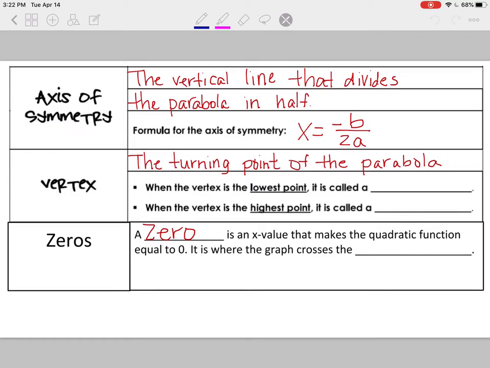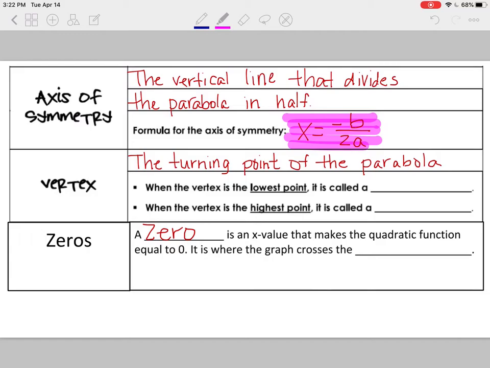Then we have something called the axis of symmetry. When you look at a parabola or do the math, you'll be able to find an equation that would cut a parabola completely in half. The formula to find the axis of symmetry is right here, and we're going to use this throughout all of the notes: x equals negative b over 2a.